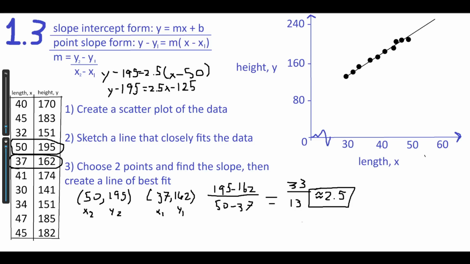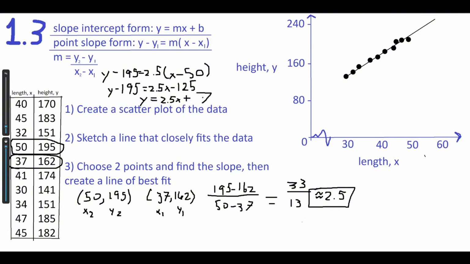Now we want to add 195 to each side. Plus 195. So then we get y equals 2.5x plus, or excuse me, it would be 195 plus negative 125.